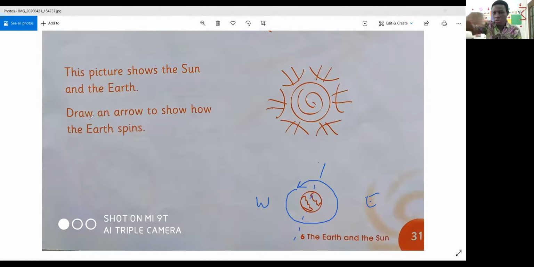So the rotation of the earth will be like this. And the revolution, but they didn't ask it, the revolution would be like an imaginary line like this. Okay, that would be the revolution, but it is not our subject today. Thank you so much.